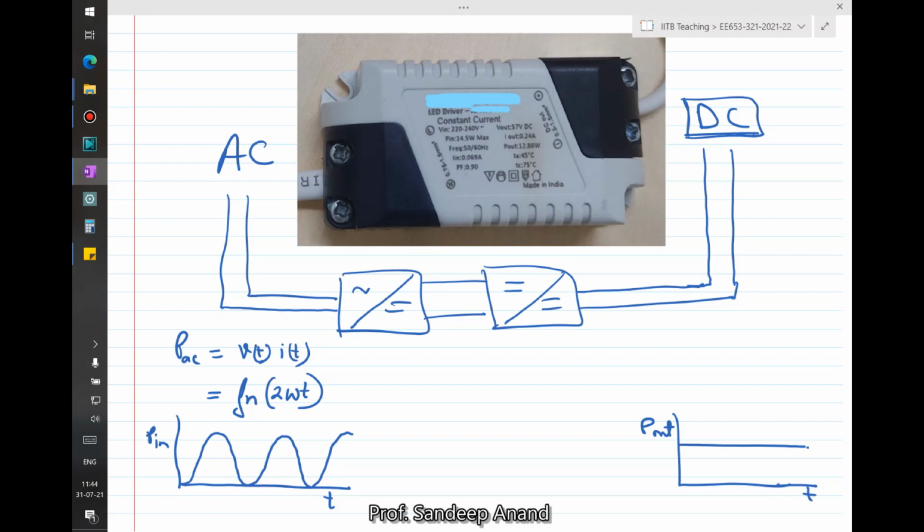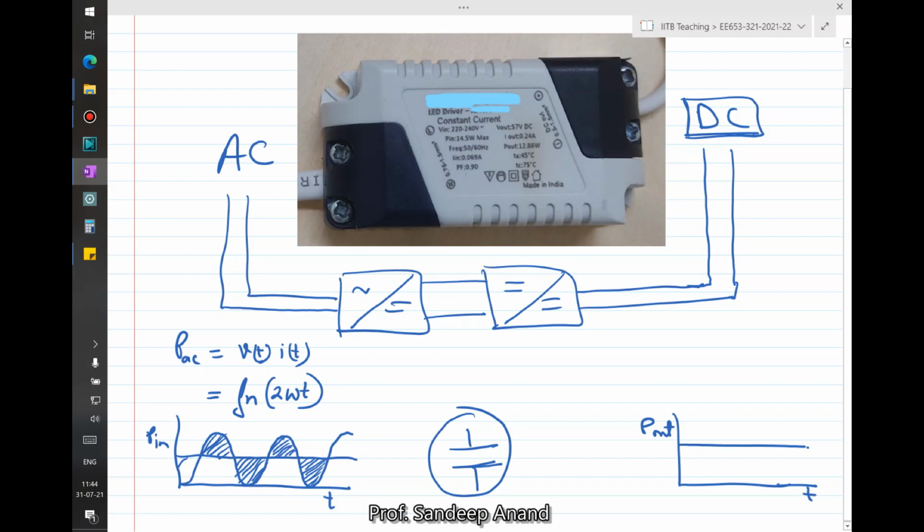So this little box here must have some way of storing the energy whenever the power is positive, and then releasing that energy to the output whenever the input power is negative. We will see this function; although it is fairly simple in this box and is usually done by a capacitor, there are a lot of interesting options to achieve the same functionality.